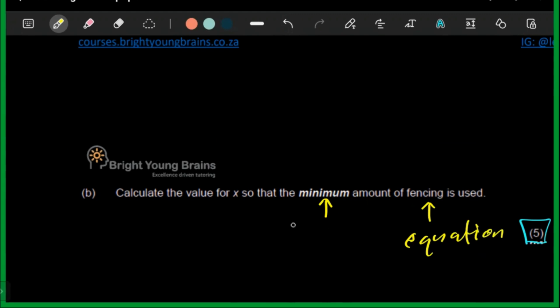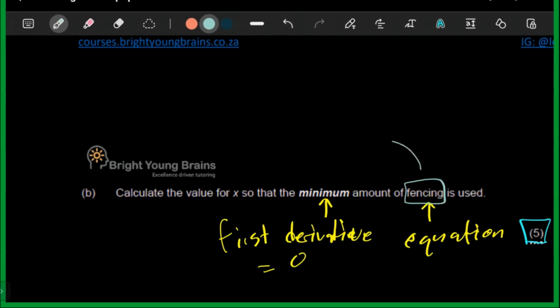We take that equation, we get its first derivative, and then we make it equal to 0. That's what we do. We need an equation for the amount of fencing needed. We differentiate it, we make it equal to 0.